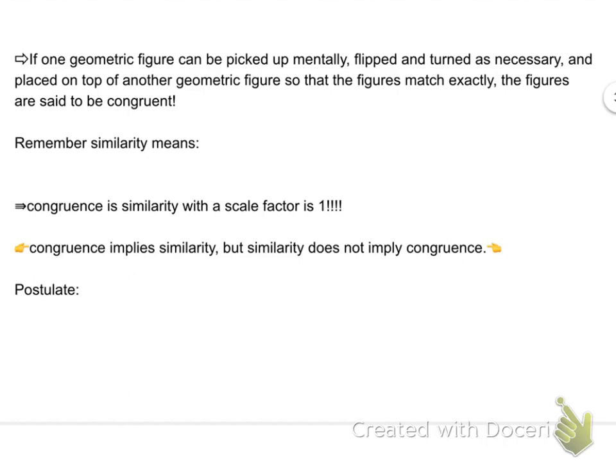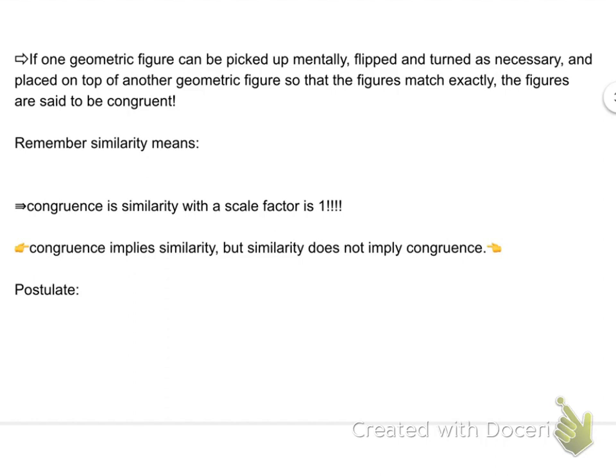So, congruency implies similarity because all of the angles will be the same. But just because angles are the same does not mean that it is congruent. You have to take a step further and actually show that the ratio between the two is 1.